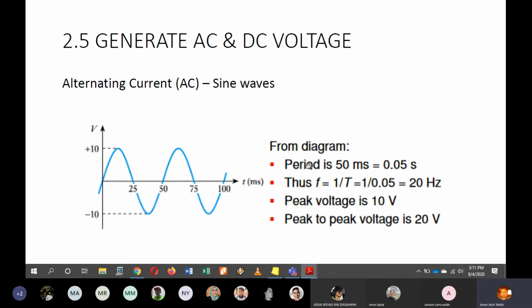All right, for the period, when you are obtaining the value of the period, make sure you obtain the value after the waveform has completed one full cycle. So when does the wave complete one full cycle? If you start here from 0, it will end when it reaches 50.